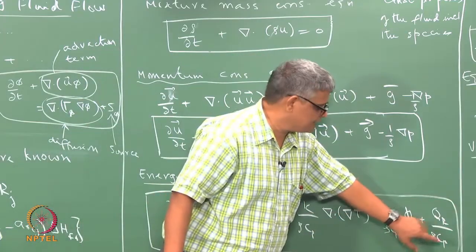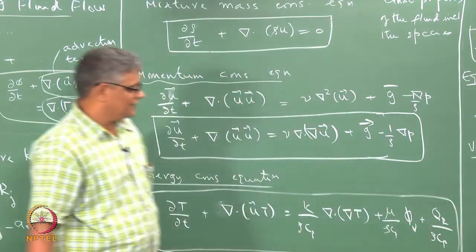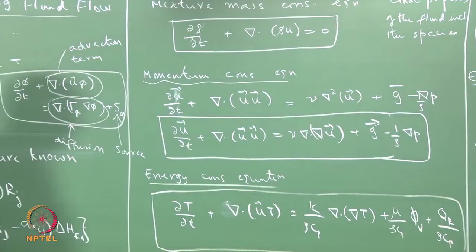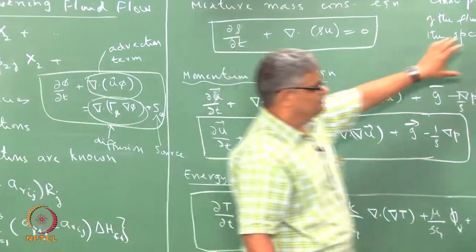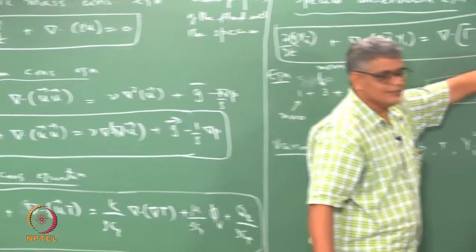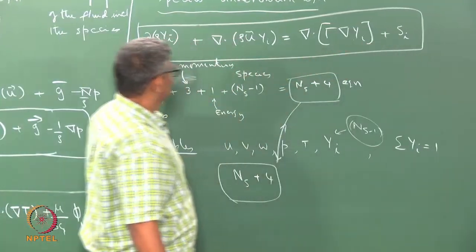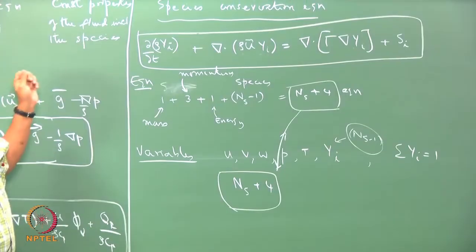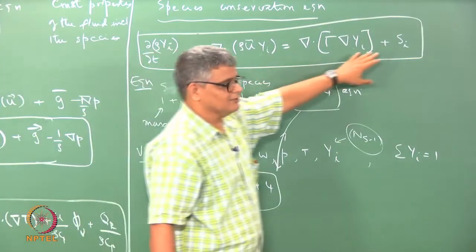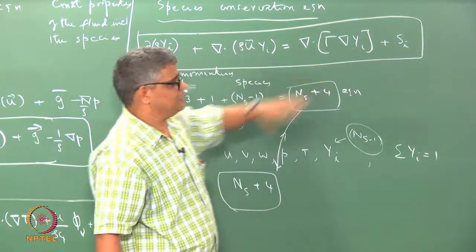If you have an exothermic reaction, then the heat of the reaction may be a source term. And in the species conservation equation, the rate of formation of the species is a source term. It can also be a sink term if it is negative.